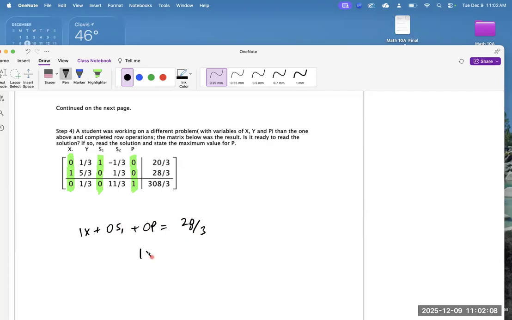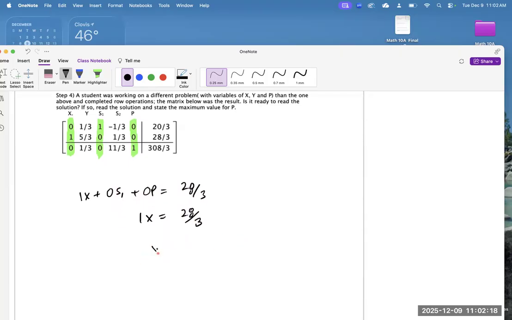So it really just says 1 times x, which is just x, is equal to 28 over 3. So we know the solution is x equals 28 over 3. For all inactive variables, I just plug in 0 for them. So y will equal 0.